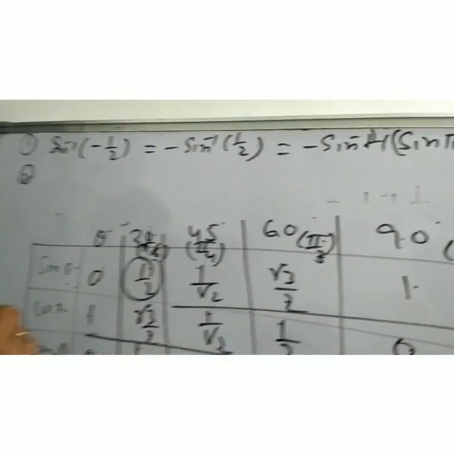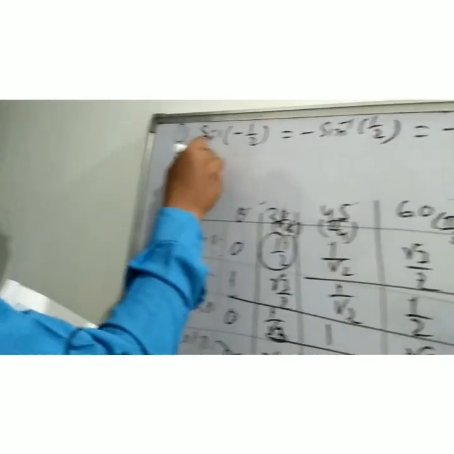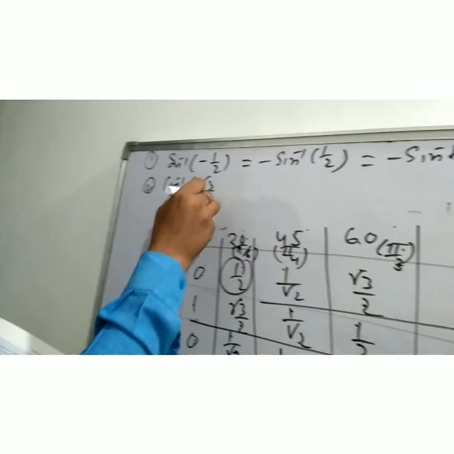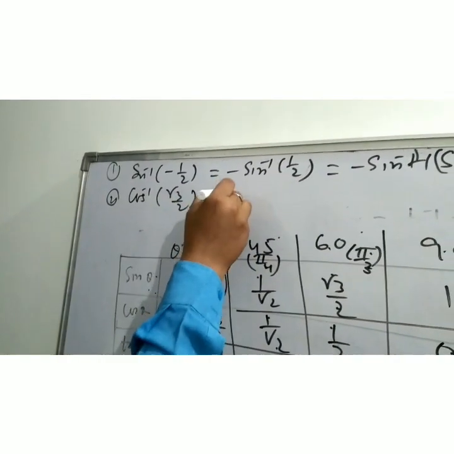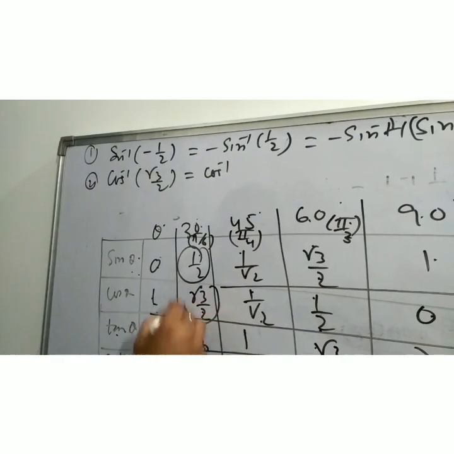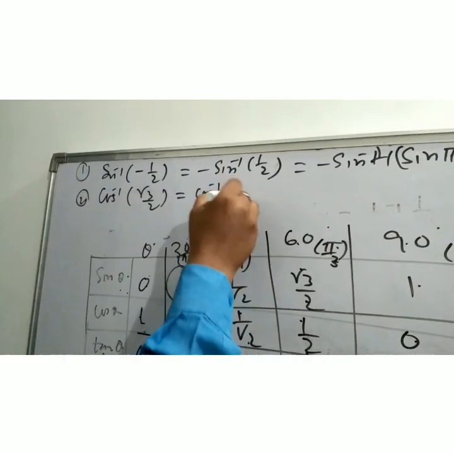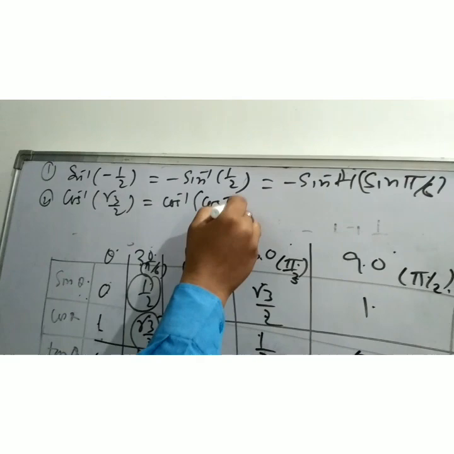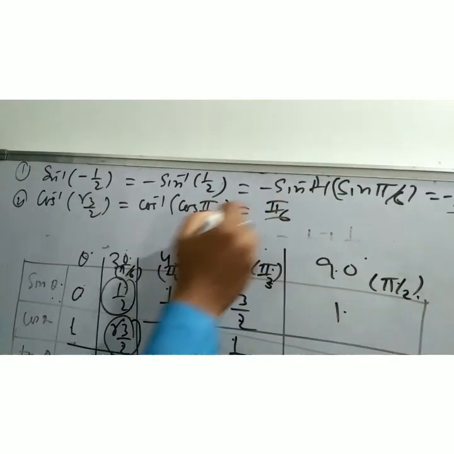Similarly, the second bit you can do easily, cos inverse root 3 by 2. Cos inverse root 3 by 2 is positive, not a negative answer. That is cos inverse cos, and root 3 by 2 is also pi by 6, that is cos pi by 6, that is equal to pi by 6.